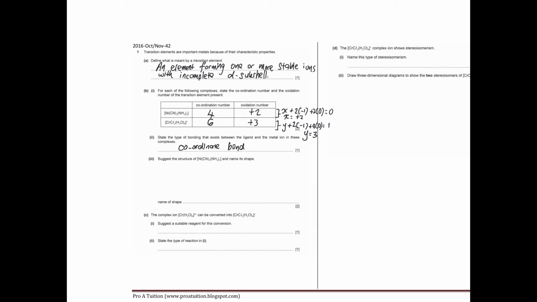Part 3, suggest the structures of these complexes and name their shapes. Nickel, platinum, we use square planar. We have cyanide and amine. So the shape is square planar.